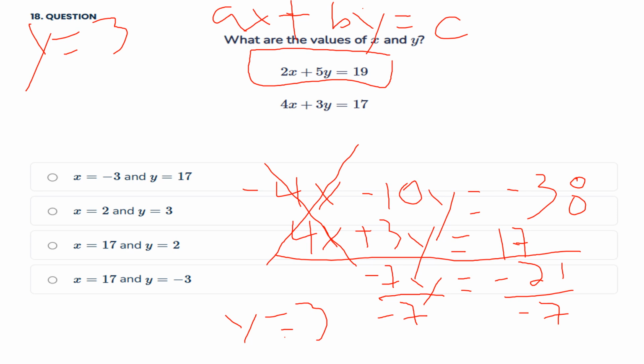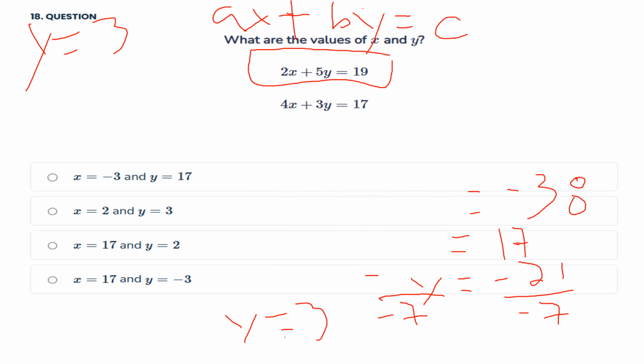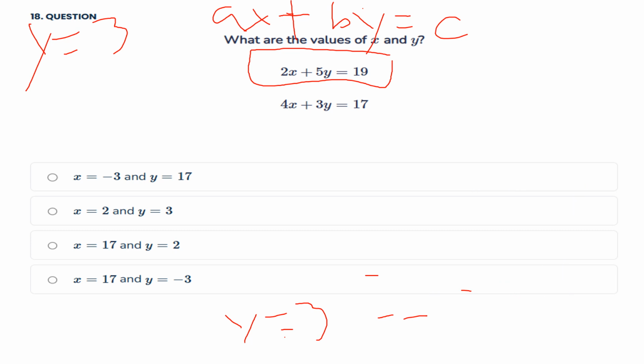After we get that y value, now we can plug it into one of the equations and find out what the x value is. Let's plug it into that top equation, since it's a smaller number.